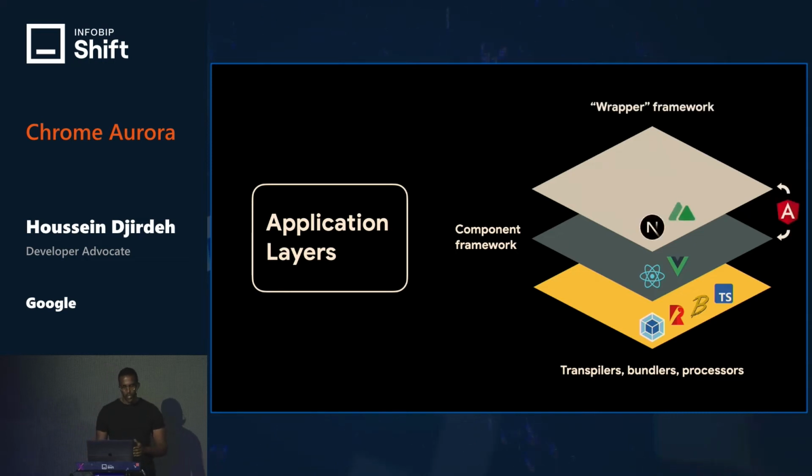And then you have what is sometimes referred to as wrapper frameworks, like Next.js or Nuxt, that usually use a single component framework but provide a lot more functionality out of the box, like server-side rendering, file-based routing, and so forth. Angular sort of straddles the line between being a component framework and a wrapper framework. Now, not all front-end applications look like this, of course, but it's an easy way to describe a typical application structure.